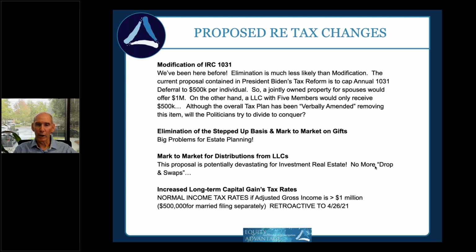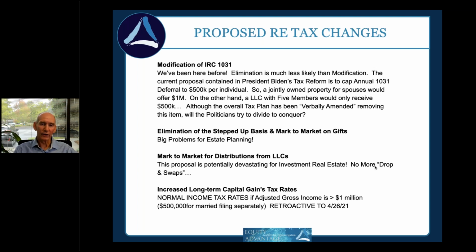So obviously politicians don't necessarily like that, but they're looking to eliminate that stepped up basis, go to market also on gifts. So I mean, in the estate planning world, think about transferring assets. If you're looking at a cash gift, we're currently looking at $15,000 per person per year. But if you're gifting an interest in an asset, in today's world, you can actually discount that value on a minority distribution or gift to as much as 40% discount, which is once again another wonderful thing, but it's on the chopping block.